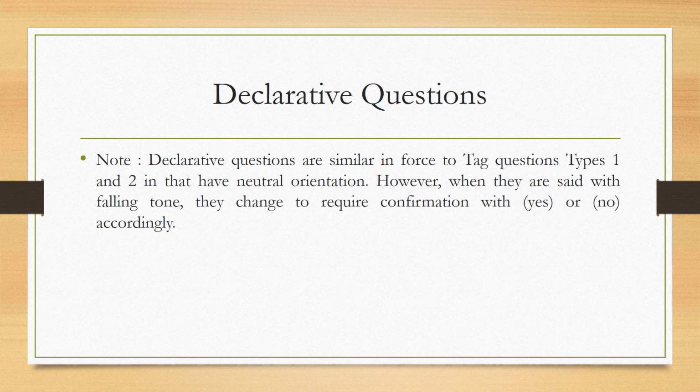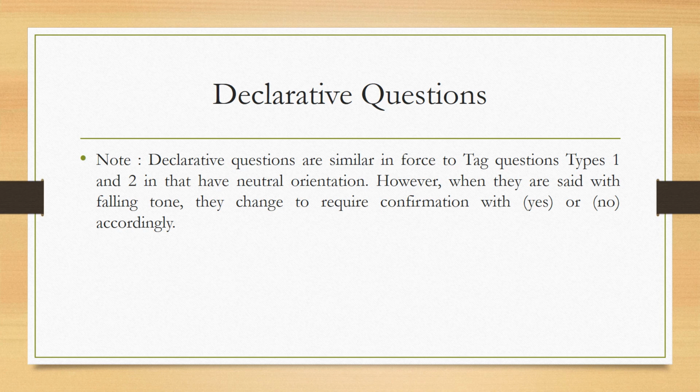But if you change the tone of the declarative question from rising to falling, or you use a negative declarative question, you are going to be oriented towards what? A specific answer.